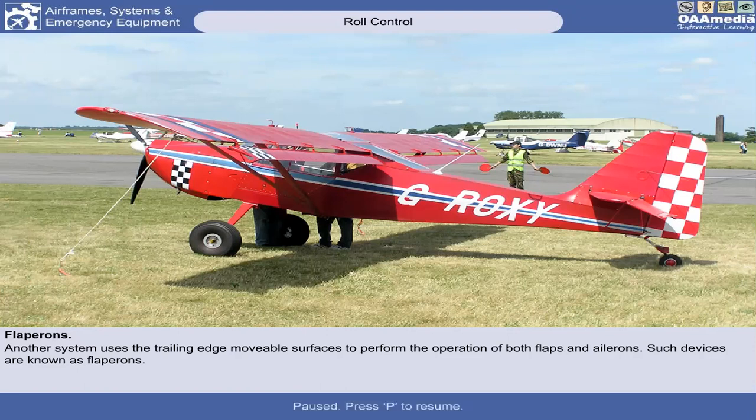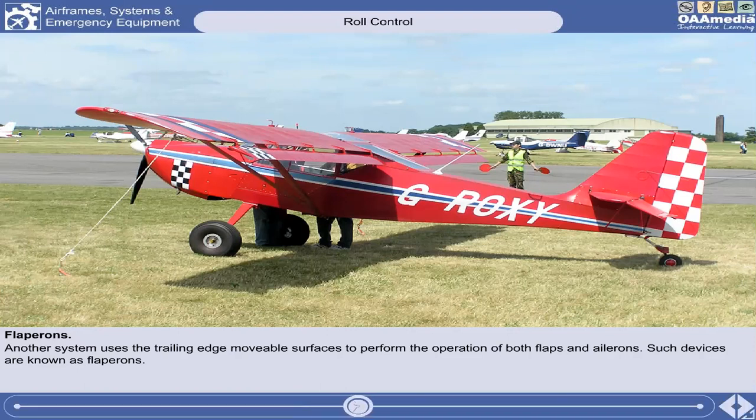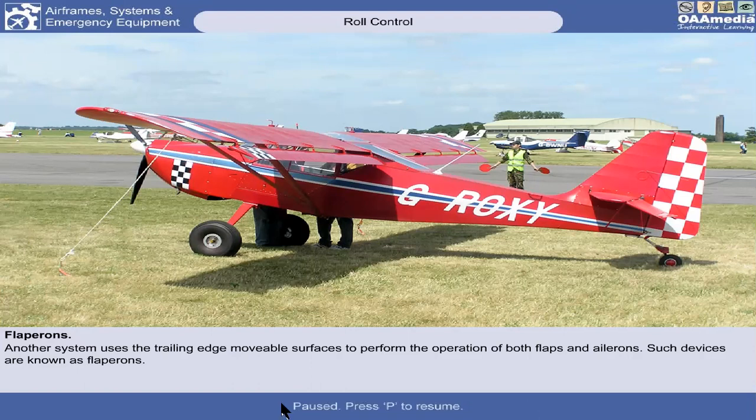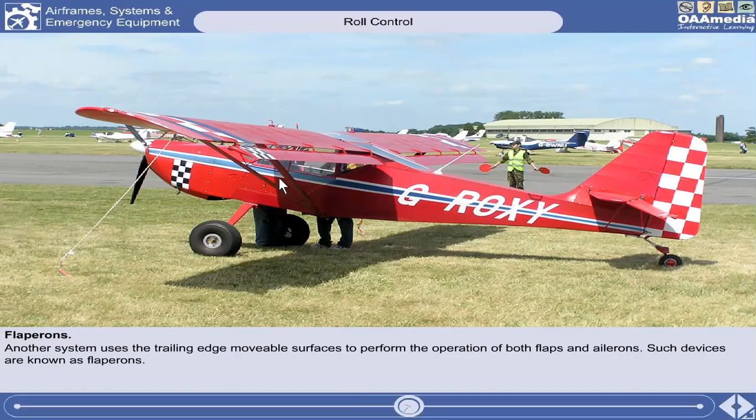Such devices are known as flaperons. As you can see here, no, yung buong control surface na yan, that's the flaperons. So it performs both the operations of flaps and ailerons. They are shown here on the SkyStar Kitfox.